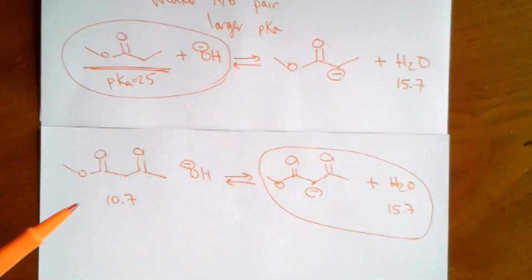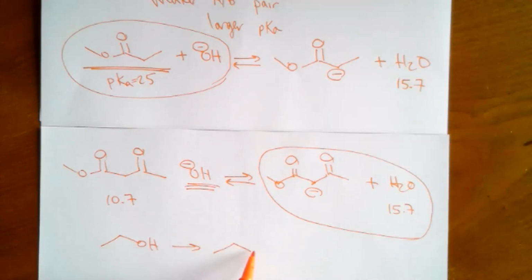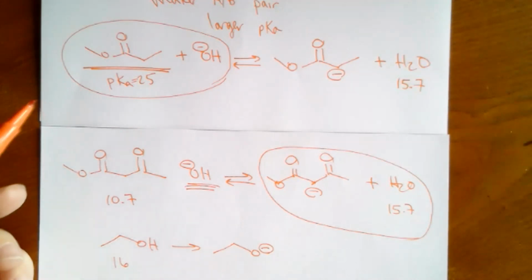So these two examples are using hydroxide as the base. We were also given the pKa of ethanol. So that means we could use ethoxide as the base. Ethanol is pKa 16, so it's practically the same as hydroxide here, as in the top reaction would favor reactants, the bottom reaction would favor products.